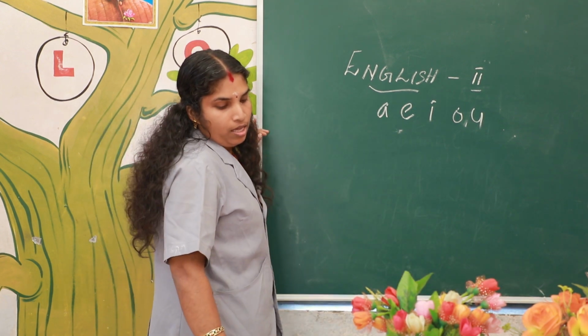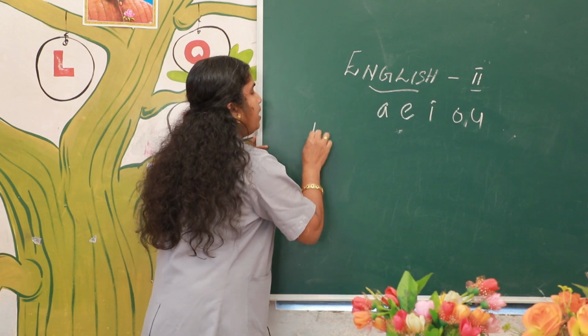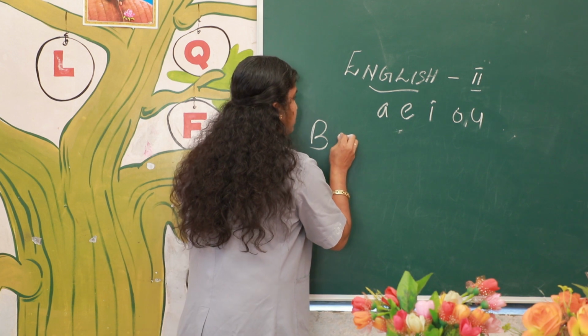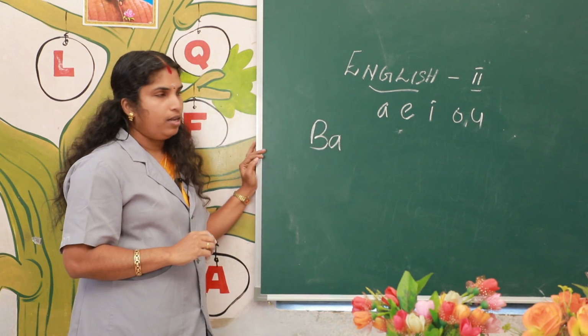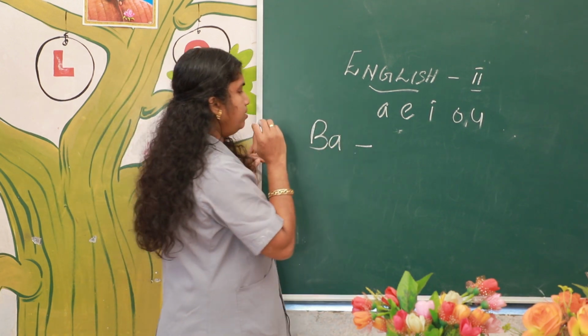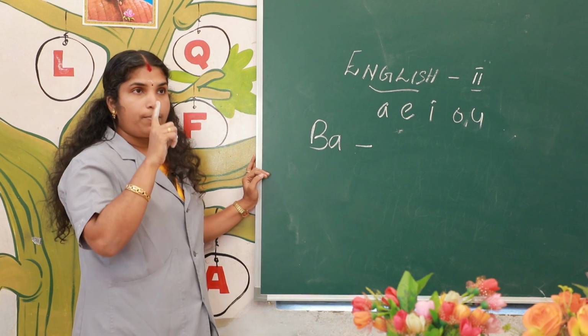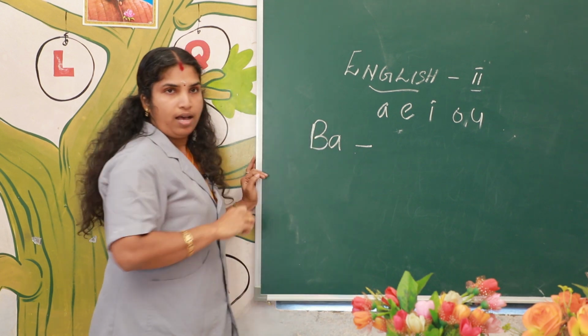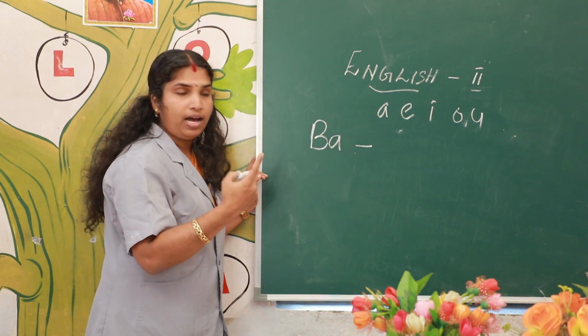First one, B. B is the consonant. Next, A, vowel. Please read ba. B consonant, A vowel. Read it. Ba. B-A, ba.